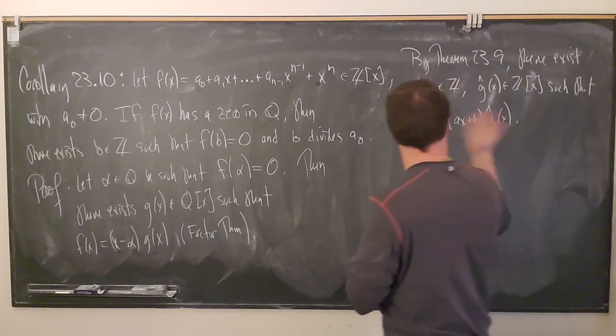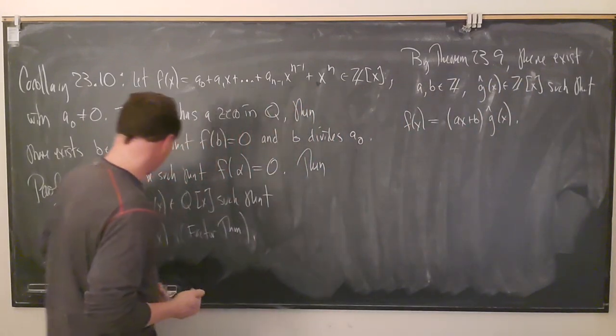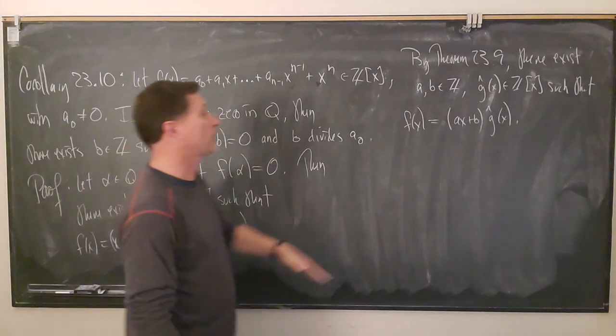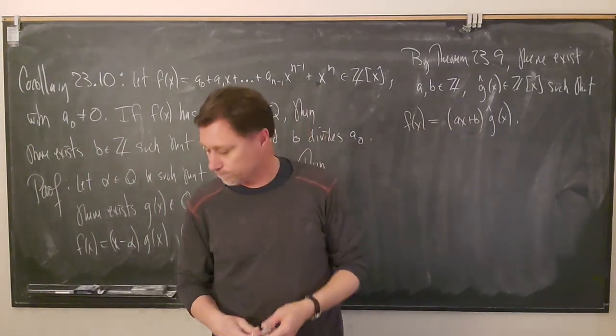All right, so that's what our previous theorem told us, that if we can factor over Q, then we can factor over Z, and this is what it would look like.